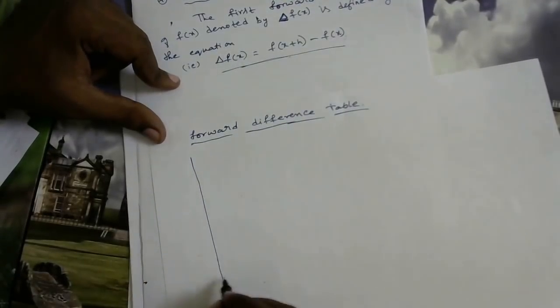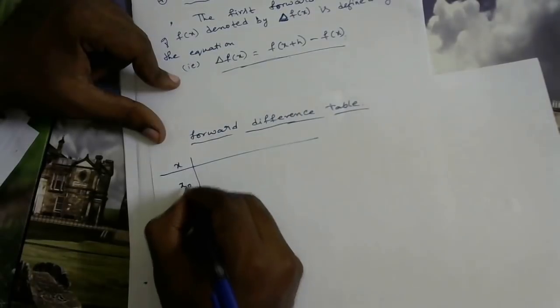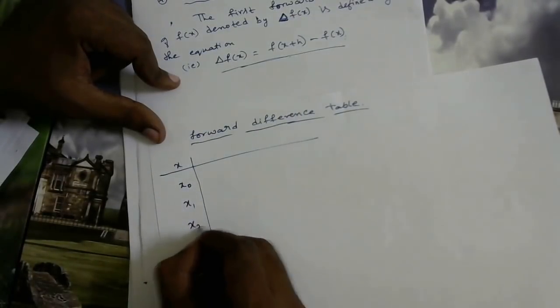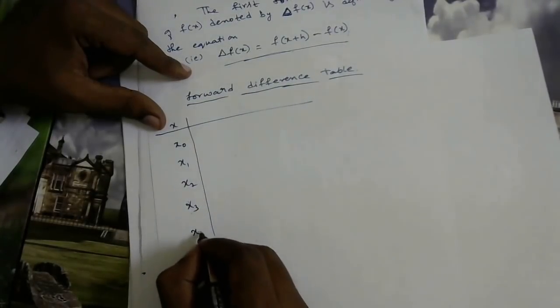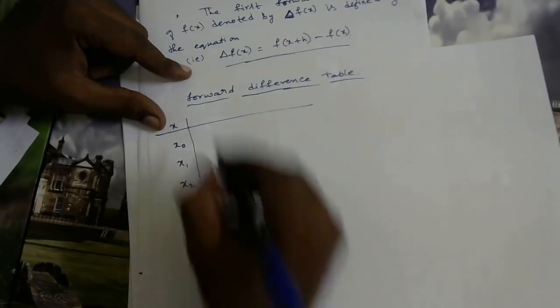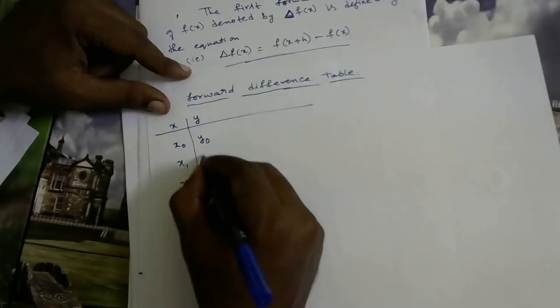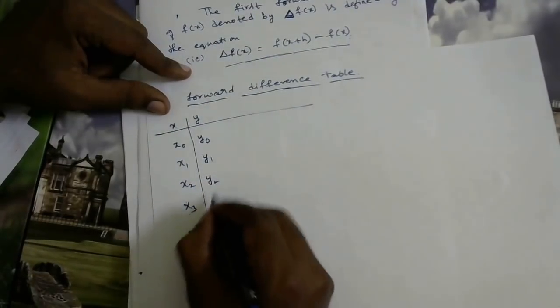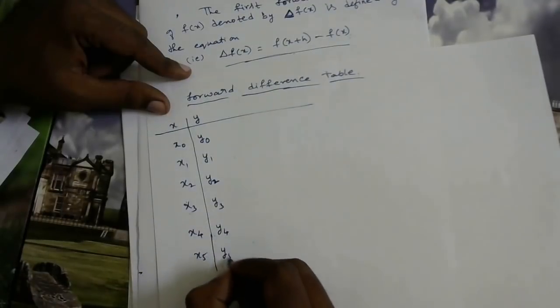So here x0, x1, x2, x3, x4, x5, and y can be written as y0, y1, y2, y3, y4, y5.